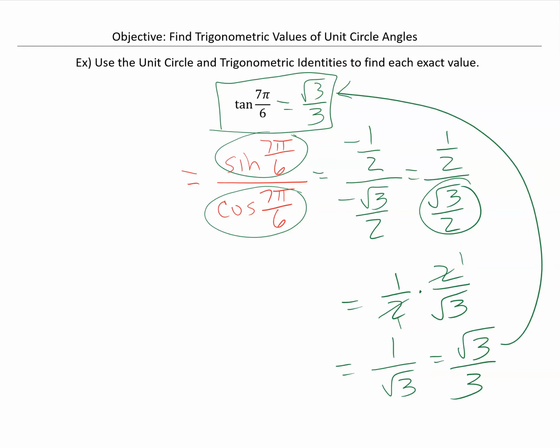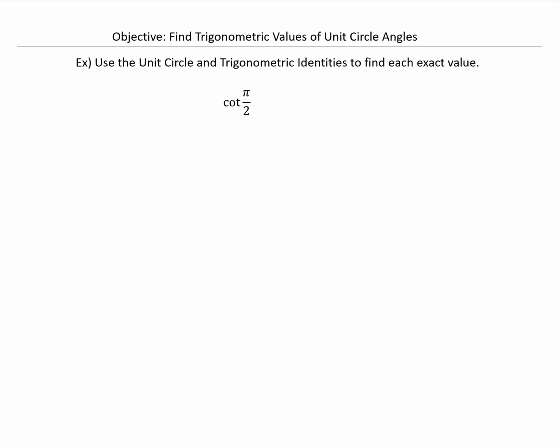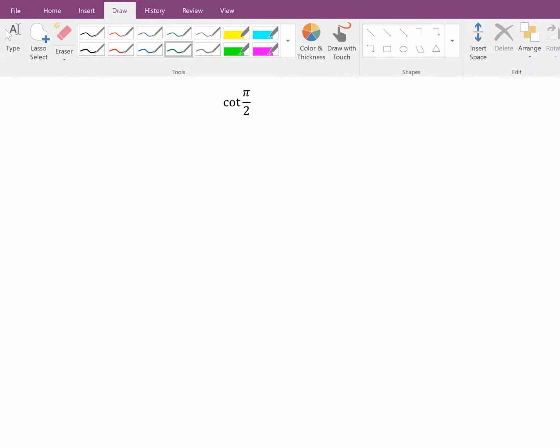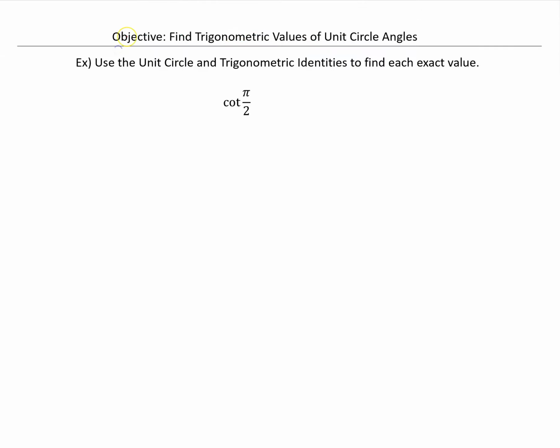All right, let's see what else we've got here. Cotangent. Now, one thing you have to be super careful about, with your tangents and cotangents, is remembering which quotient identity goes with which. So I'm going to share with you a little way to help make sure you remember. Cotangent, as a ratio of sine and cosine, has cosine in the numerator.